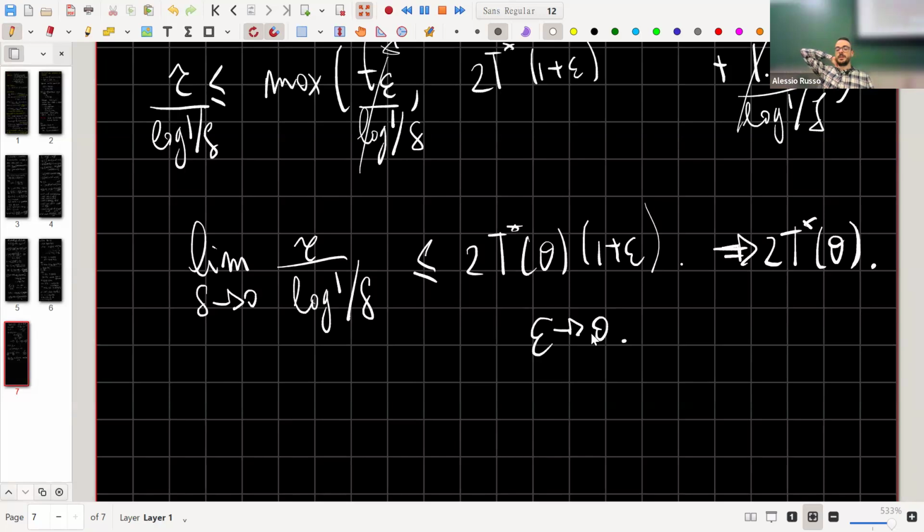But it doesn't say anything about optimality for large values of delta. Delta equals 0.2 is a pretty large value. We don't know anything about the optimality in that regime. So this only tells us asymptotically as delta goes to 0, but doesn't tell us much more.